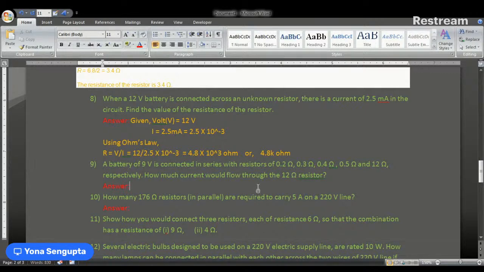How much current would flow through the 12 ohm resistor? As we know that in a series connection there is no division of current, right? So the current flowing across all the resistors is the same.